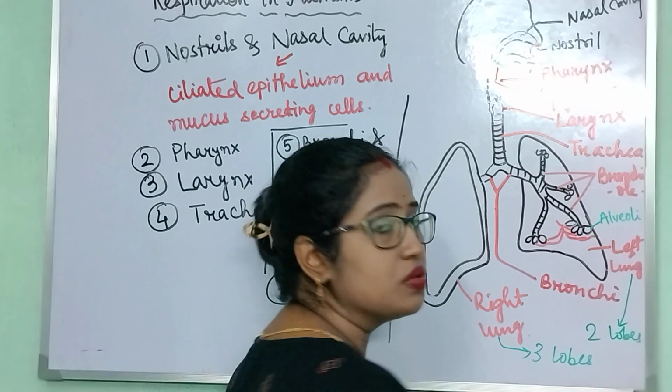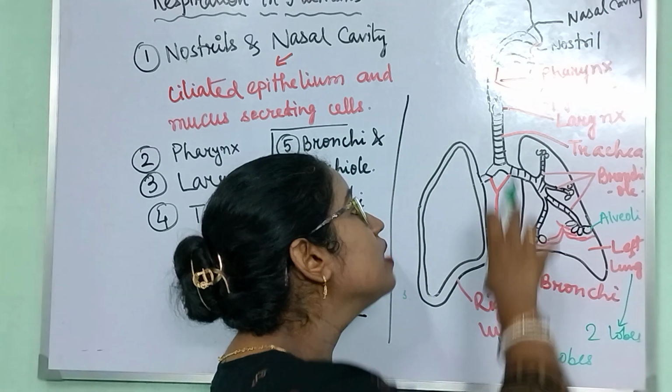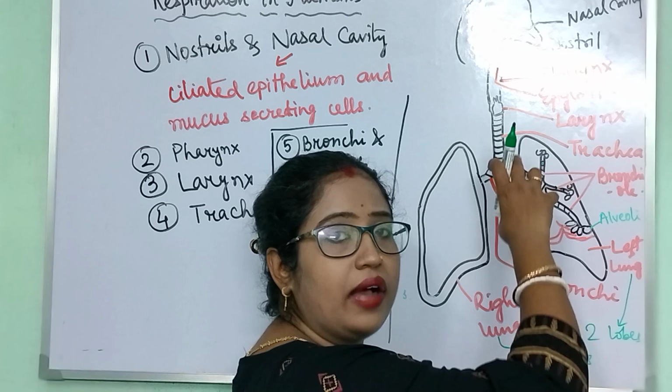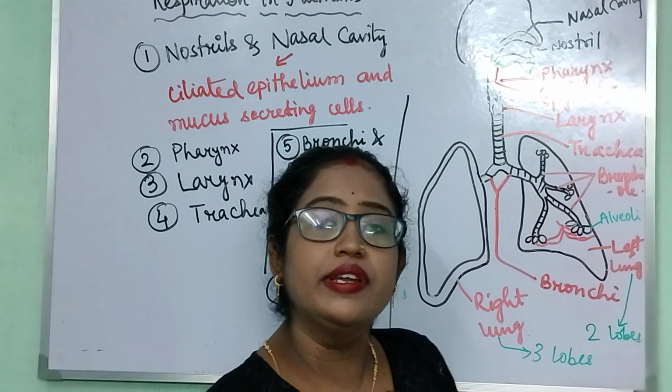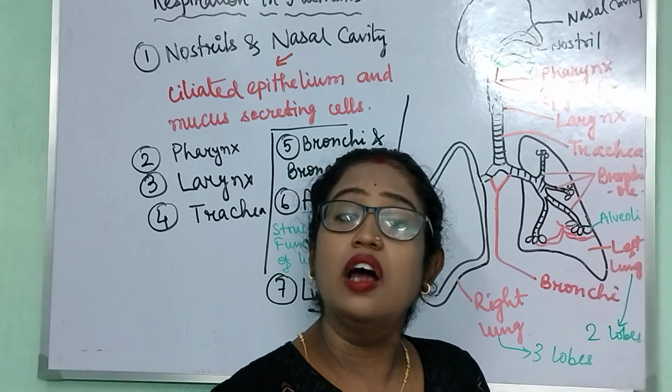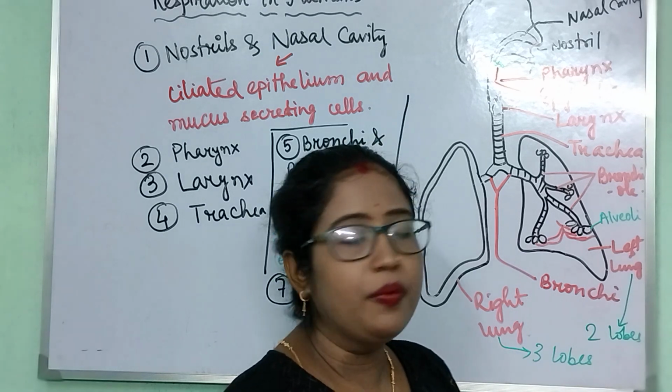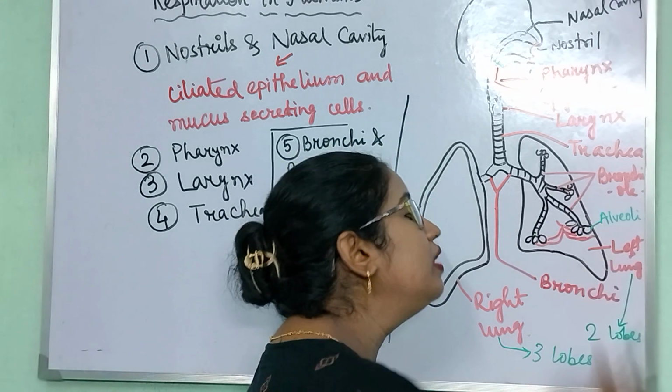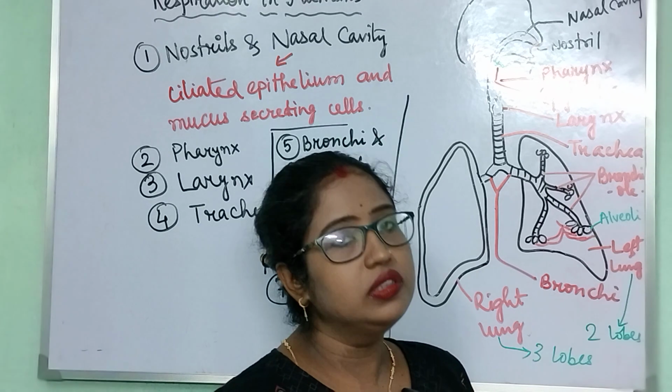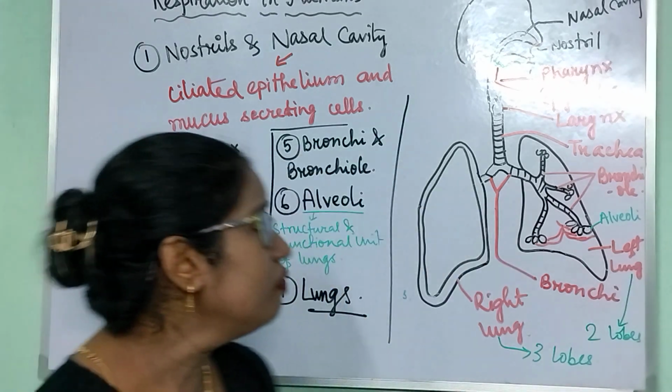The left lung is smaller because the thoracic cavity has to accommodate the heart on the left side of our body. That is why the left lung is slightly smaller than the right one.